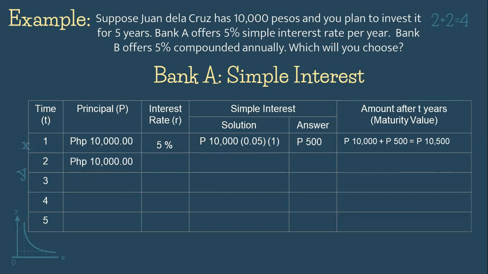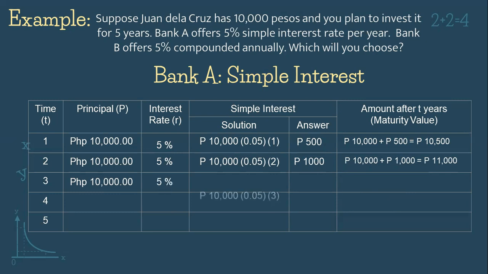Ngayon po, another 10,000 pa rin po yung ininvest niya and another 5% of that. Still, that will give us 1,000 pesos. So for the second year, si dating 500 naging 1,000 na. So that will give us the maturity value of 11,000 pesos. Ngayon po, for the third year naman po, 10,000 ulit because that is our principal with the same interest.